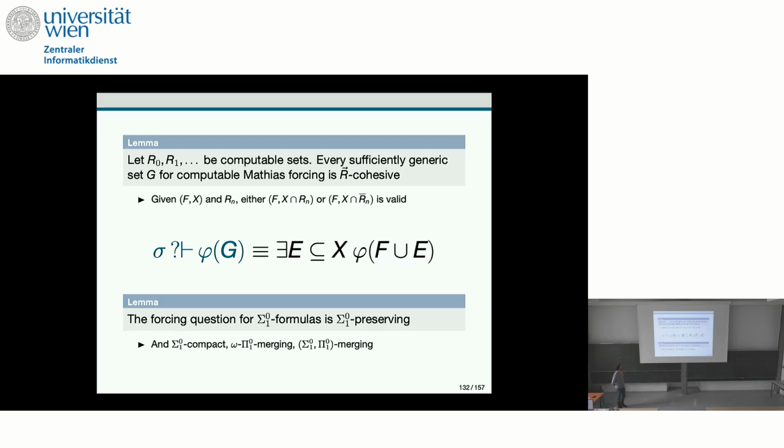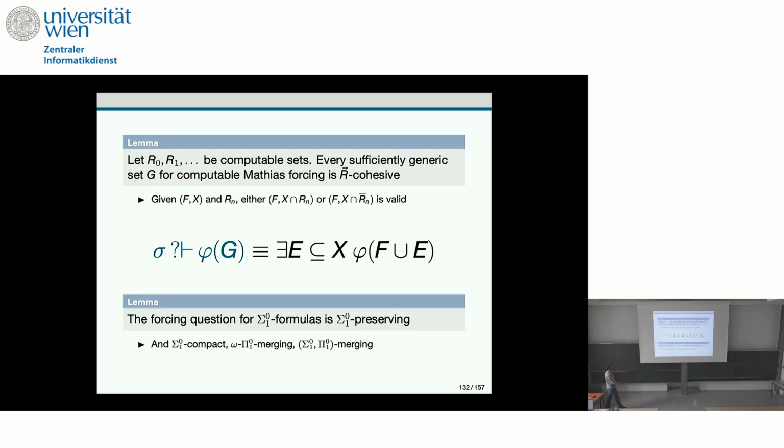It's very easy to see because, given an arbitrary condition (F, X) where X is computable, and given a column Rn, either X intersection Rn or X intersection the complement of Rn is infinite, which means that one of these two extensions is a valid Mathias condition and still computable, because it's the intersection of two computable sets. So you can find an extension which will satisfy that from now on, I will be either included in the column or in the complement of the column. And since there are countably many computable sets, you are going to be cohesive for that. So it naturally produces cohesive sets.